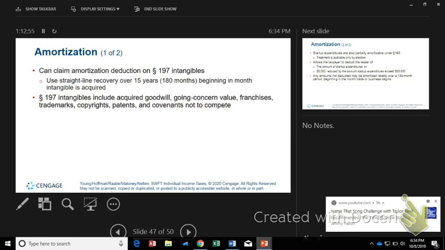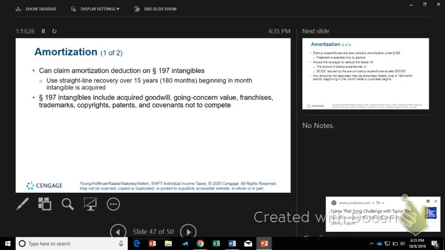However, this little wonderful slide just popped up and said, Section 197, you can claim amortization deductions on Section 197 intangibles. And then they go on to say, it's not just copyrights and patents. They include goodwill, franchises, trademarks, and covenants not to compete, non-compete clauses. So I'm going to have to look into that.